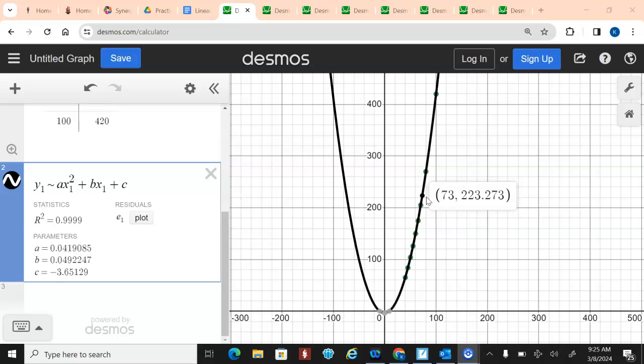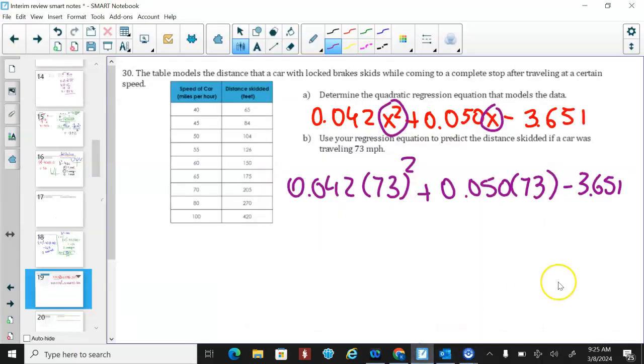If I want to round it up to a whole number, it would be 223. So at 73 as your x value, that's what it would be. And you can put it also in the calculator. So that's 233 feet, as a distance, because feet is indicated right here.